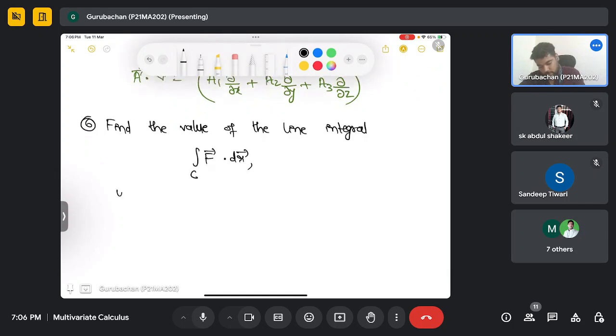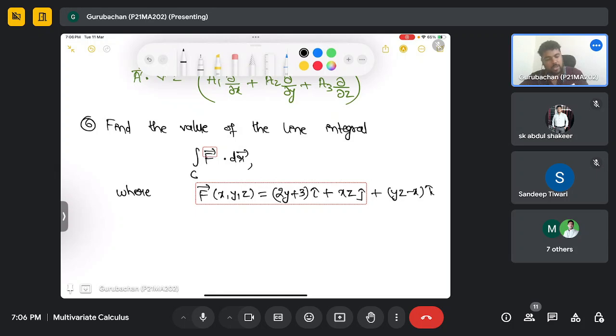Here the function f of x, y, z is equal to (2y plus 3) i cap plus x z j cap plus (y z minus x) k cap. Okay.